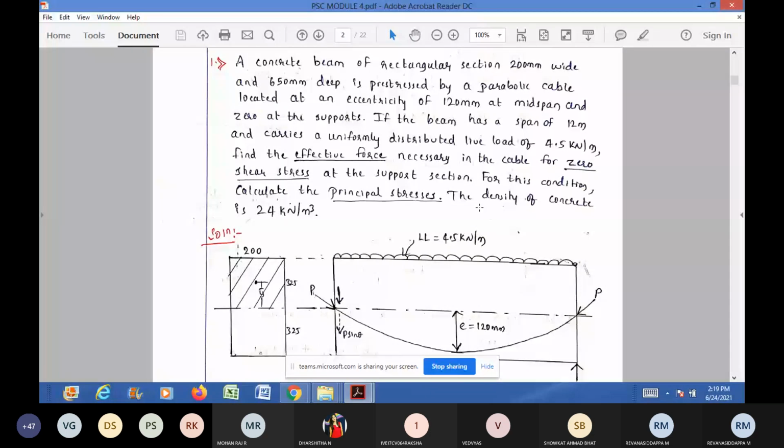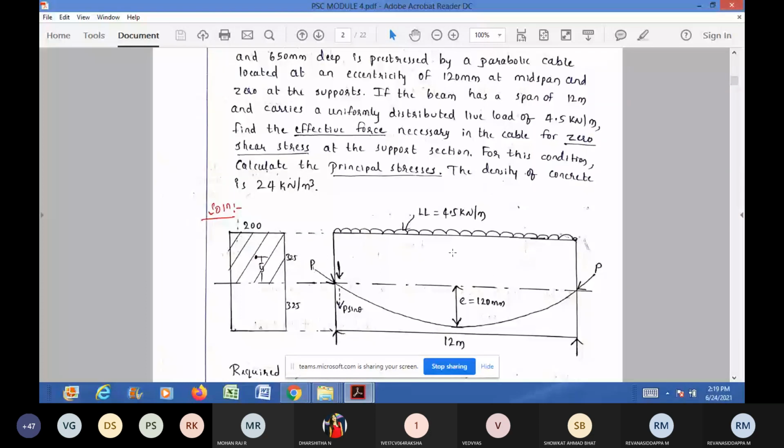I also write the figure. So as per the data given, I have written the figure. First write it and I'll explain it later.